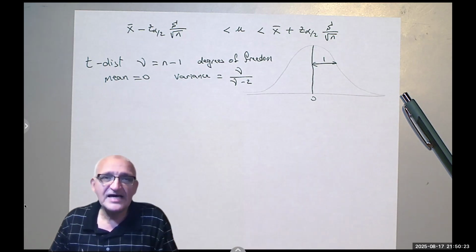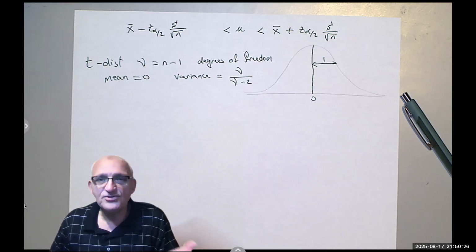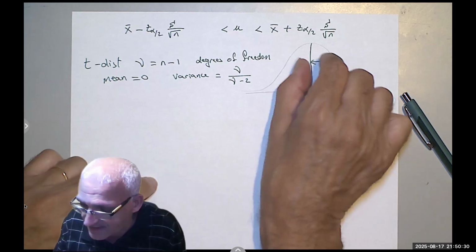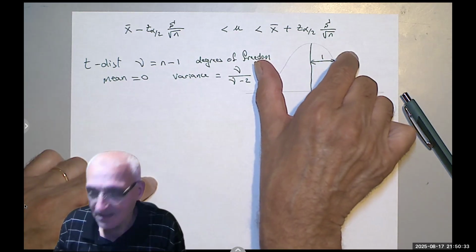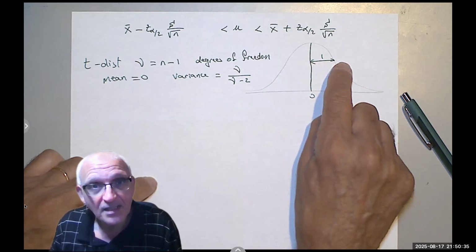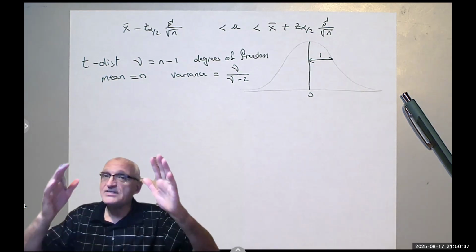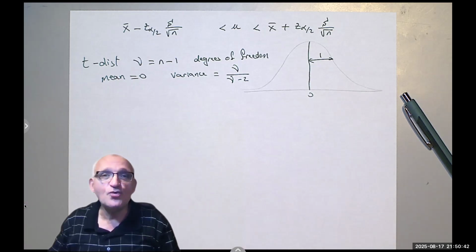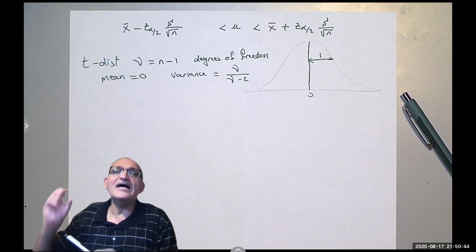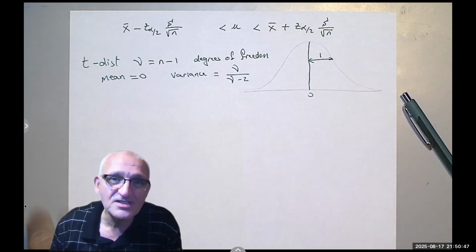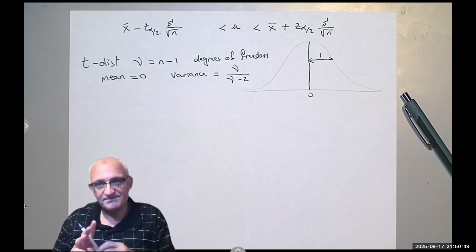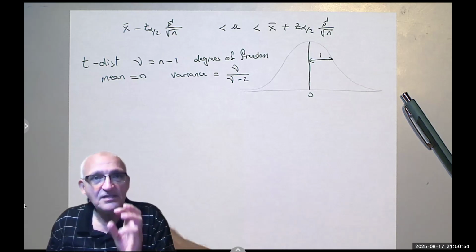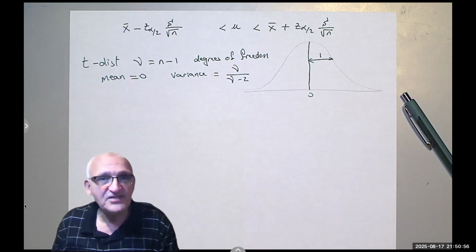So the square root of that, roughly 1.25 or 1.3, would be the standard deviation, meaning the distribution is wider. The standard deviation, instead of being 1, depends on the sample size. As the sample size gets larger and larger, the standard deviation gets closer and closer to 1 until, in the limit as n approaches infinity, the t becomes a z. But the t would be more accurate if you are using the sample standard deviation.